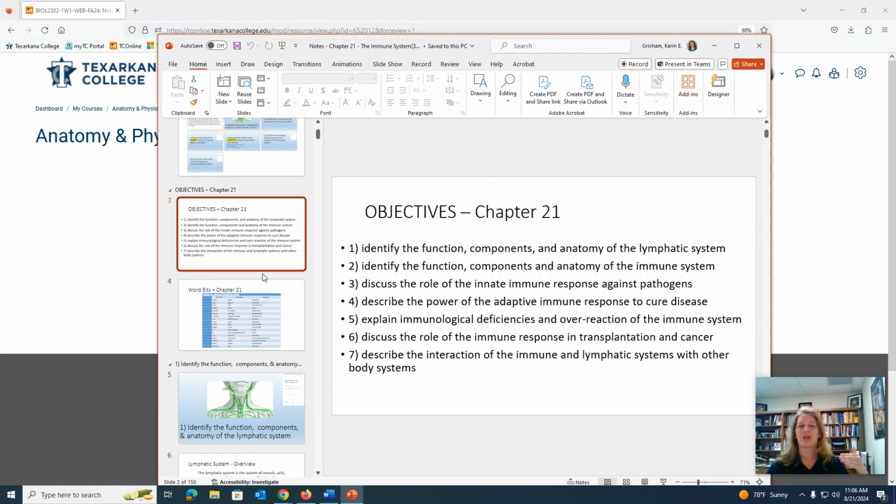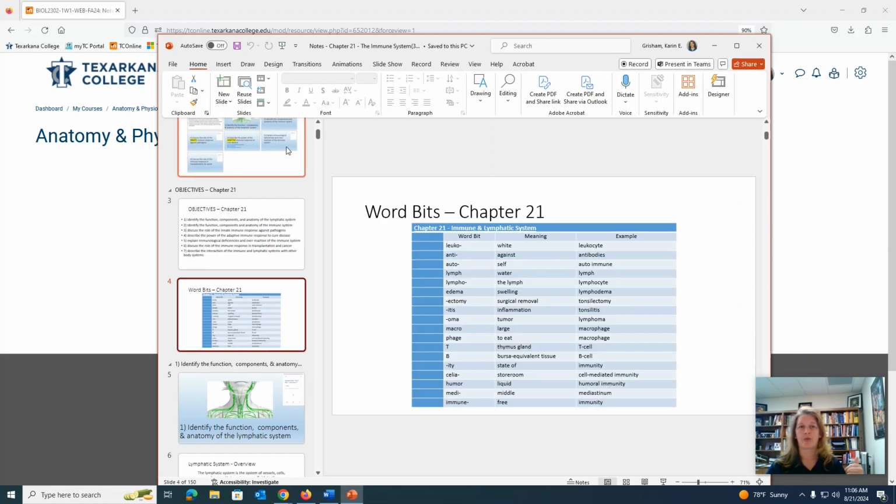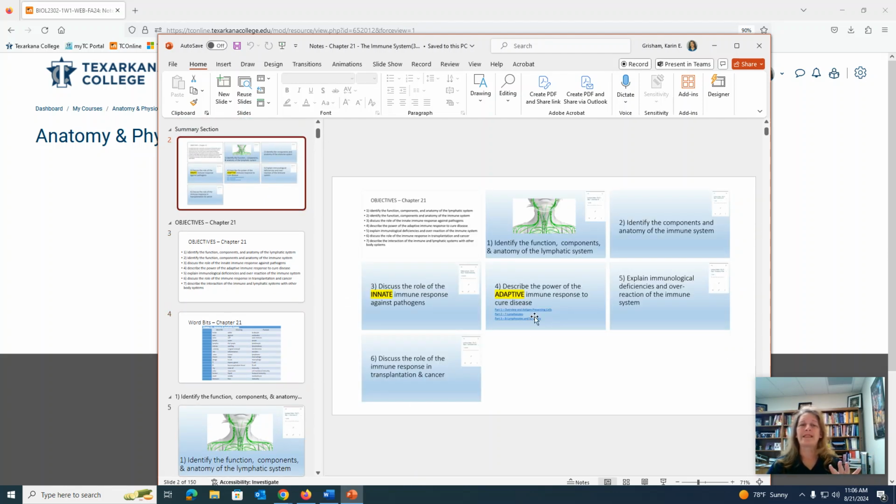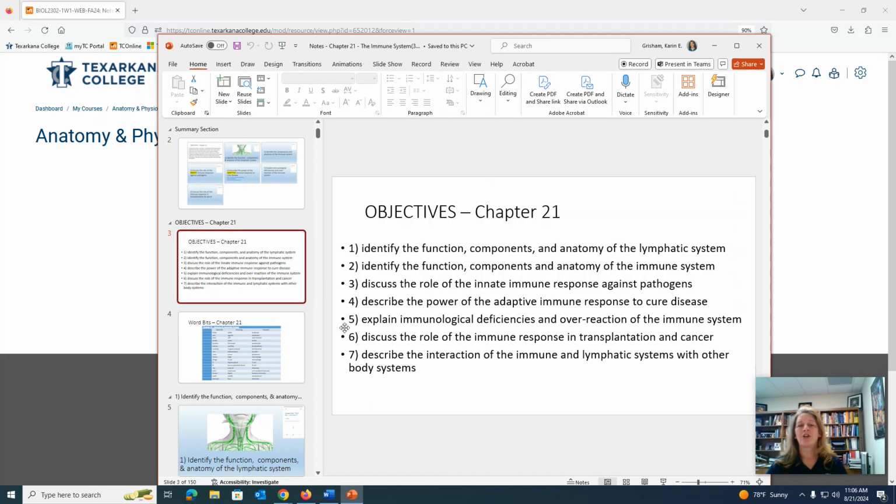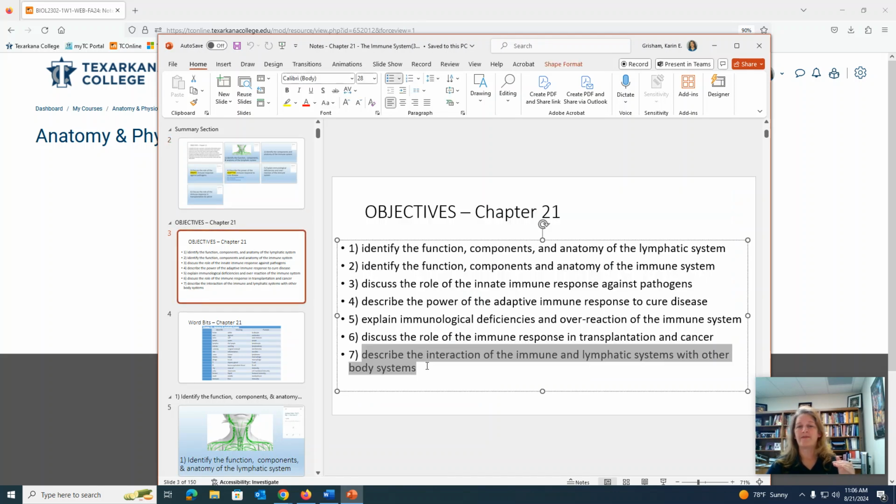I've put the objectives on here, and I've also taken a look at the word bits. As you can see, objective number 7, describe the interaction of the immune system and lymphatic system with other body systems, is not on here. You can go ahead and omit that. We're only going to be doing objectives 1 through 6 on chapter 21.